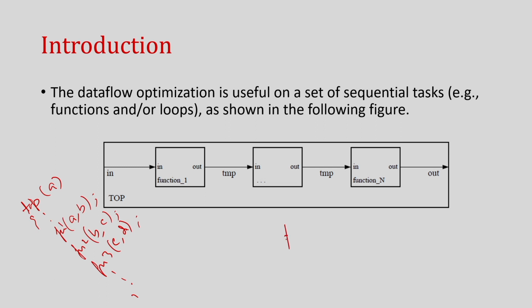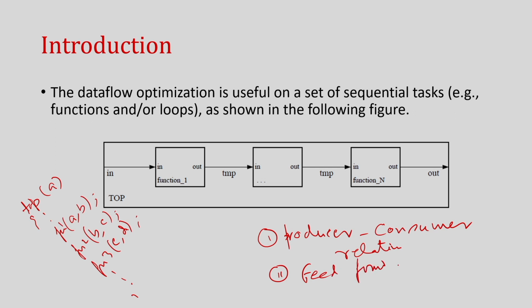This is a very important term called producer consumer relation. The second thing is feed forward data, because there is no backward path. It is basically a one way traffic: function 1 to function 2, function 2 to function 3.